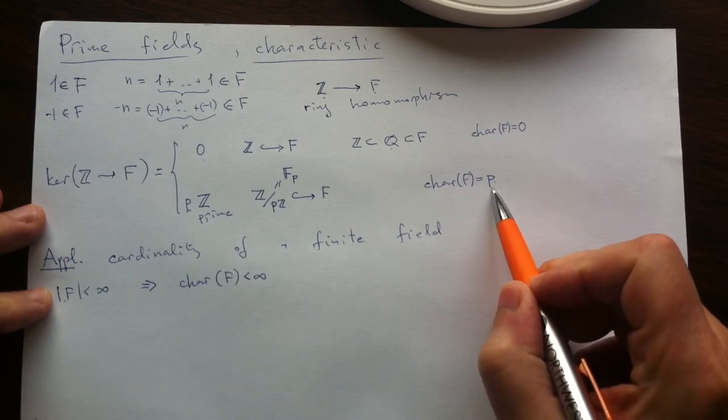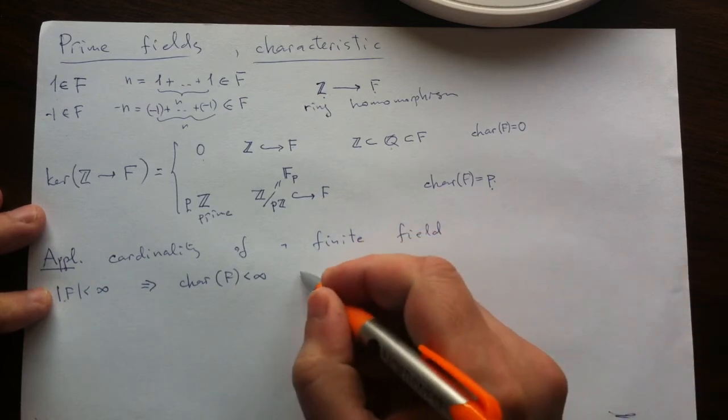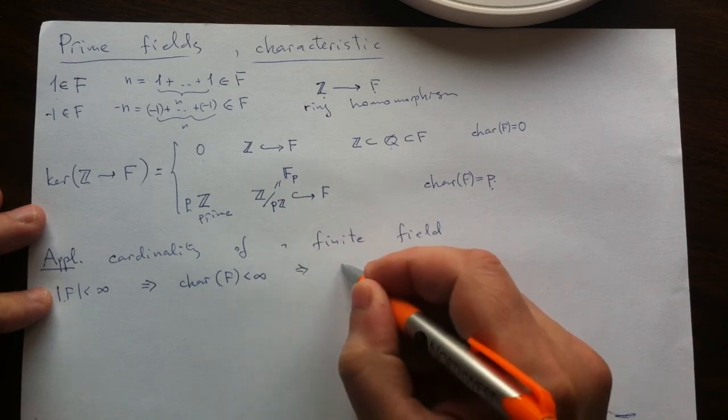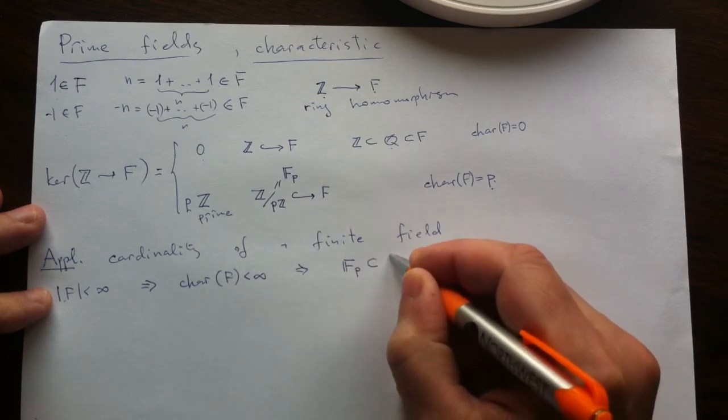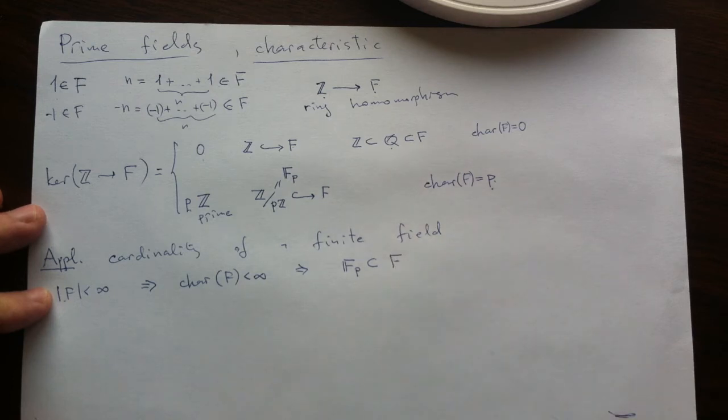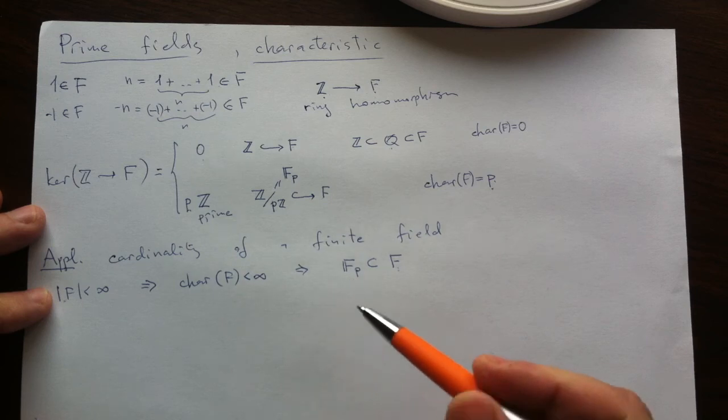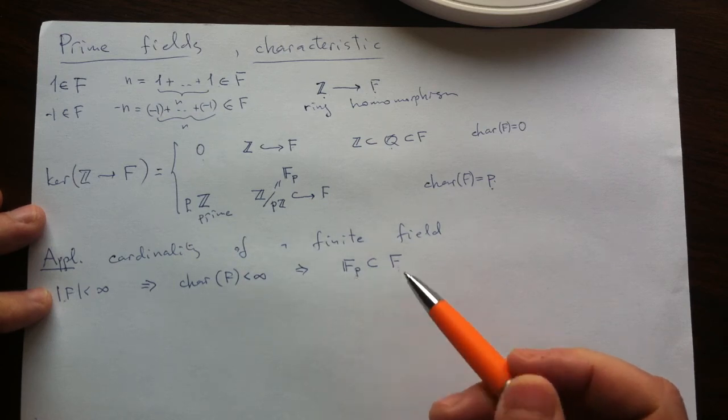We must be in the case of a prime characteristic. Let's make it more specific: there should be some prime P such that the field of P elements is its subfield. Now let's turn the beautiful linear algebra on. This is a subfield in the bigger field. The bigger field can be seen as a module over this, and modules over fields are vector spaces.